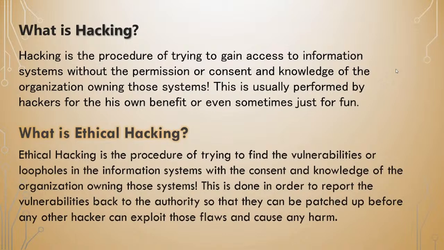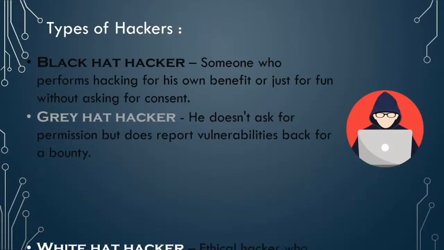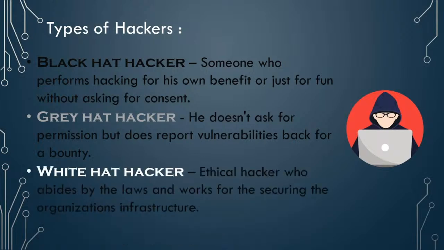Now, depending on these two terms, guys, we can categorize the different types of hackers as well. We have someone known as a black hat hacker, then someone known as a white hat hacker, and in between there's someone known as a gray hat hacker. Firstly, black hat hackers are also commonly referred to as cyber criminals. These are people who perform hacking for their own benefit, and they do this without asking for any consent at all.